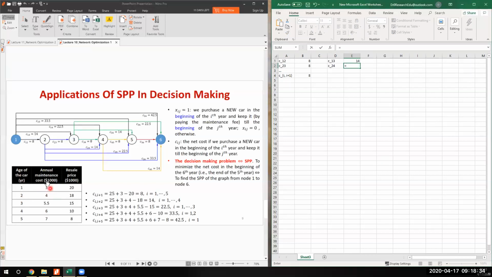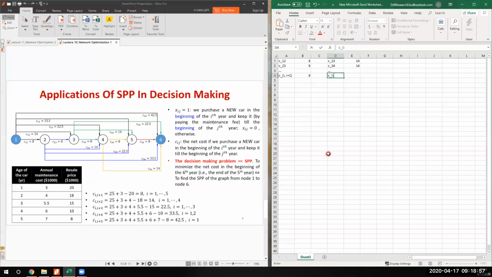So to keep it for 2 years, you have to pay 7,000 for the maintenance, and the resale price for a 2-year-old car is going to be 18,000. So it's the same: 25,000 plus 3 plus 4 minus 18,000. And of course, it's again 14.